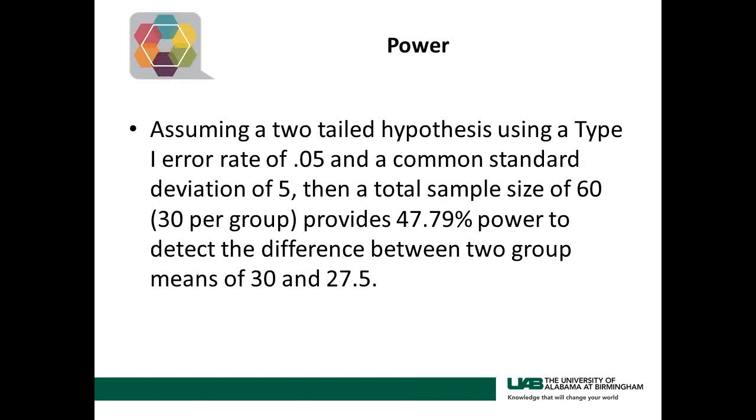Under all these, I put then a total sample size of 30 per group, 60 total, and 30 per group provides 47.79% power to detect the difference between two group means of 2.5. Everything written out there means anybody who can get to a piece of statistical software that calculates power should be able to get to that exact same answer.